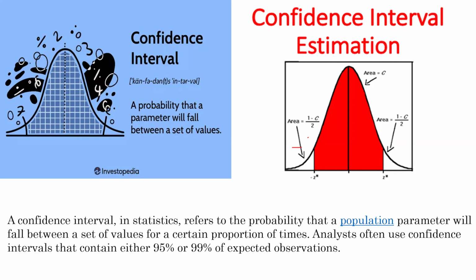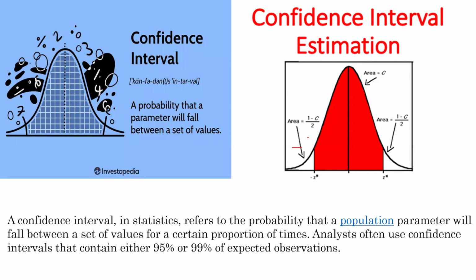For example, if I say I'm 95% confident that the 400 level students will pass the biostatistics exam with a score of 50 to 80, the percentage assurance you have within a range of values is what you call a confidence interval.